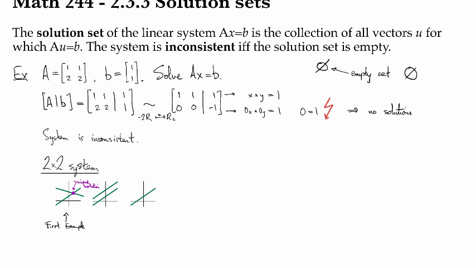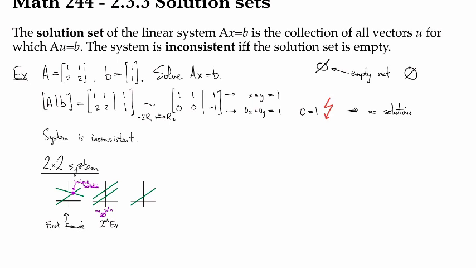The second one is like our second example, the one that we just looked at right above. And in this one, we had no solutions. So the solution set was the empty set.